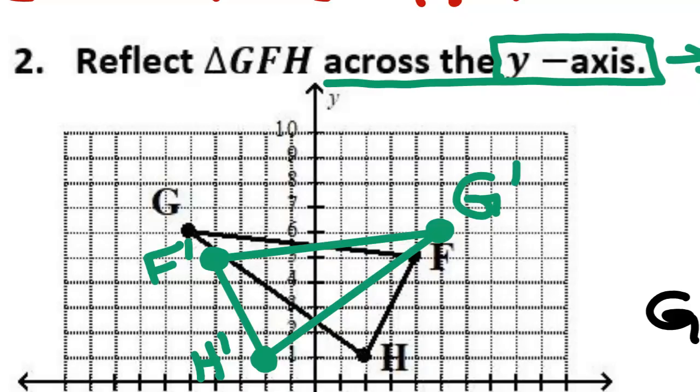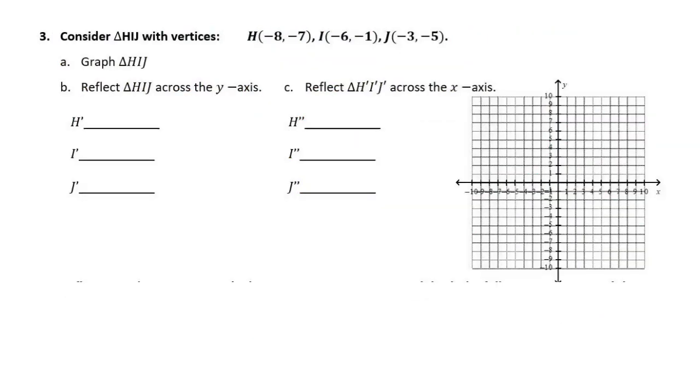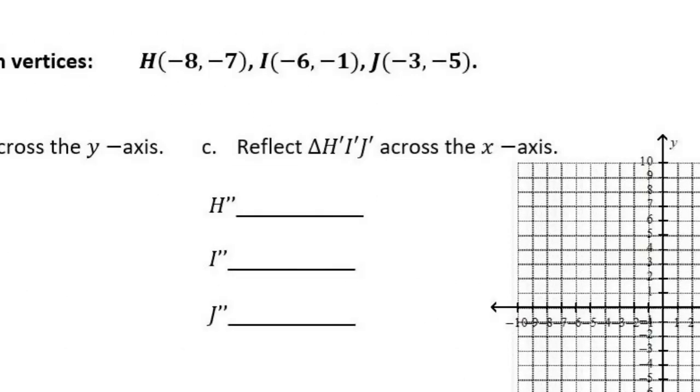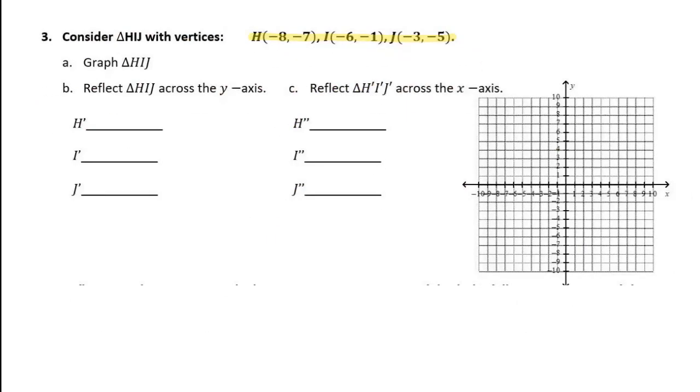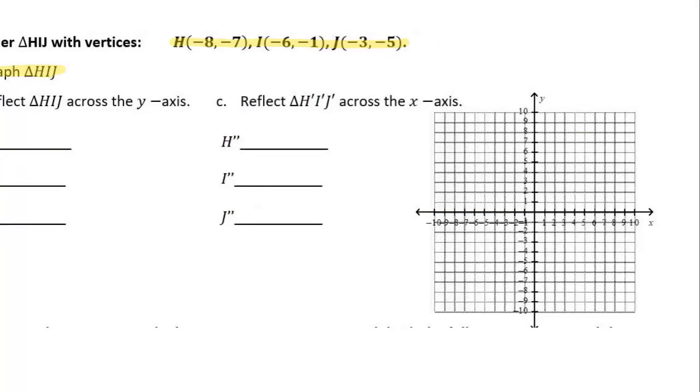All right. Nicely done so far. Let's go look at number 3. Consider triangle HIJ with vertices negative 8, negative 7 for H, negative 6, negative 1 for I, and negative 3, negative 5 for J. Very first thing we're going to do is graph triangle HIJ.